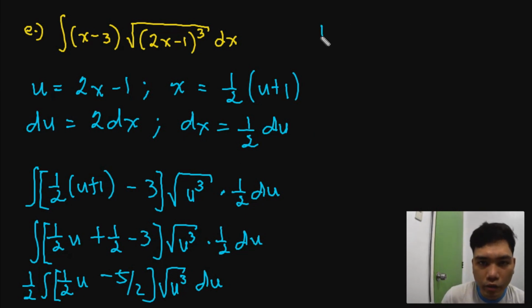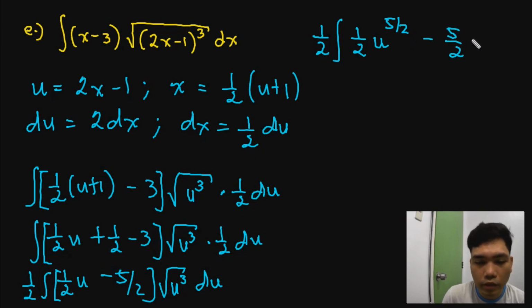So we have 1/2 times the integral of 1/2 u multiplied with u raised to 3/2, which gives 1/2 u raised to 3/2 plus 1, which is 5/2, and then minus 5/2 times u raised to 3/2. We can integrate this whole expression now.